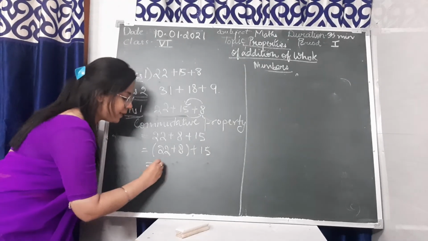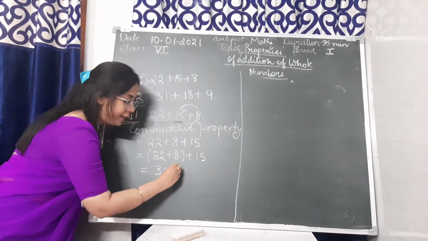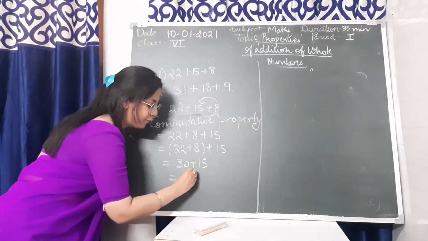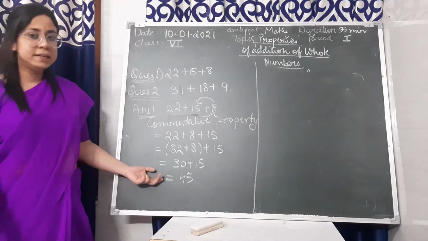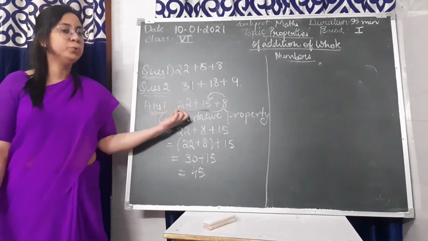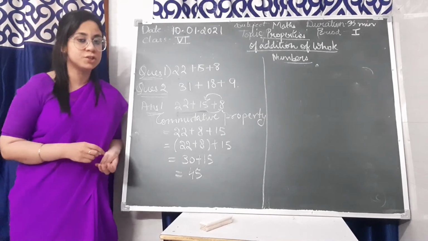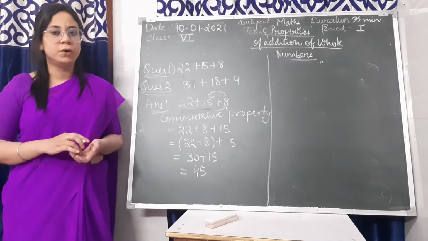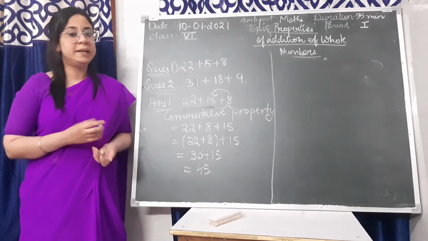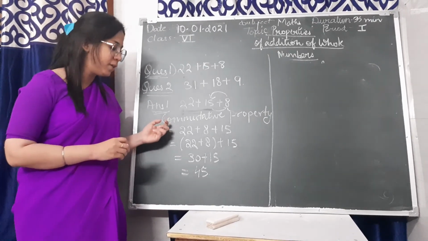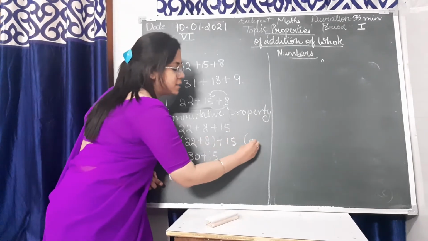So 22 plus 8 gave us 30. 30 plus 15 is quite simple to solve, which is 45. Like this, getting the answer of 2-digit additions can be extended to even 3 digits. You can easily solve your problems and even add mentally if you remember these properties, commutative and the associative.